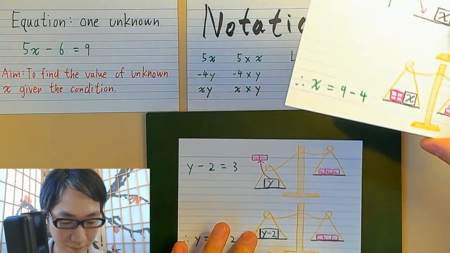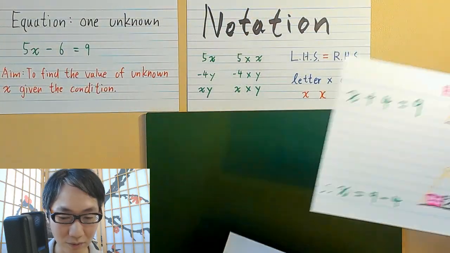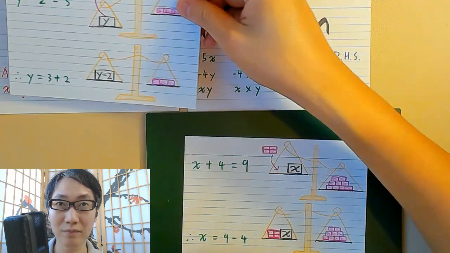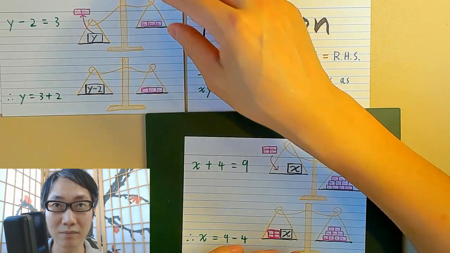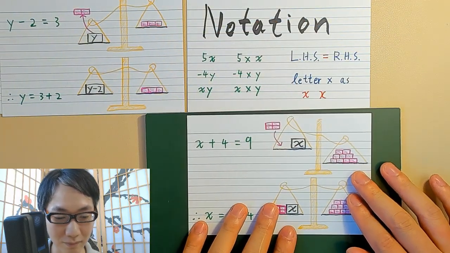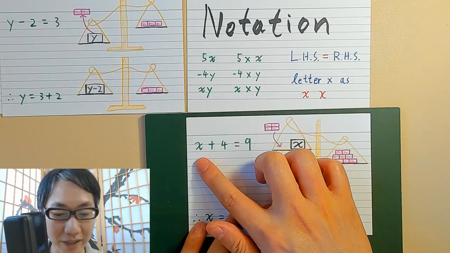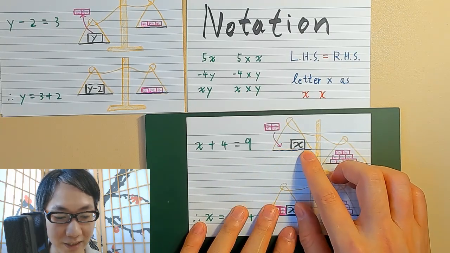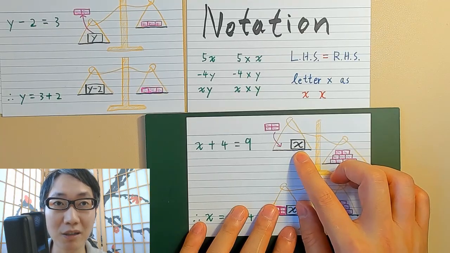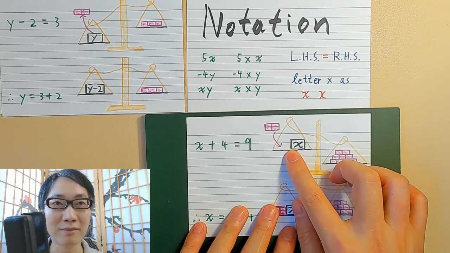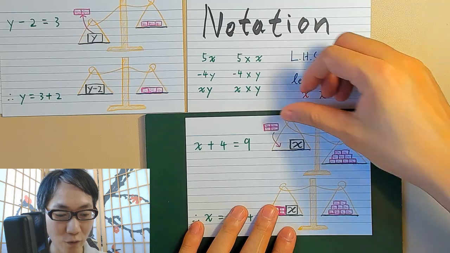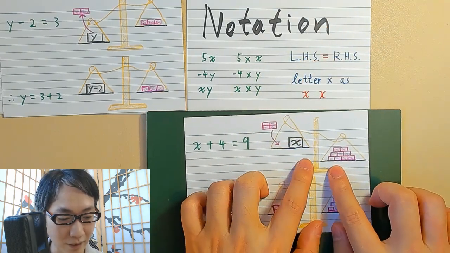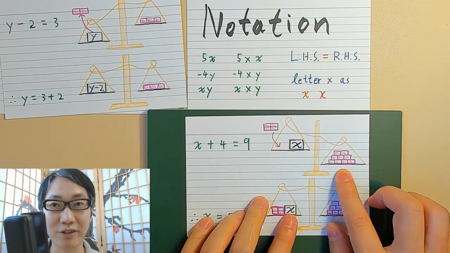Let's look at the next one. We have x plus 4 is equal to 9. Again, we have a box of x. There are some unit masses inside, but we don't know how many. Before we add anything, the right hand side is heavier.